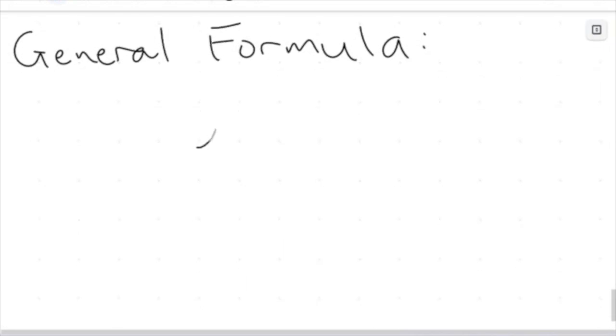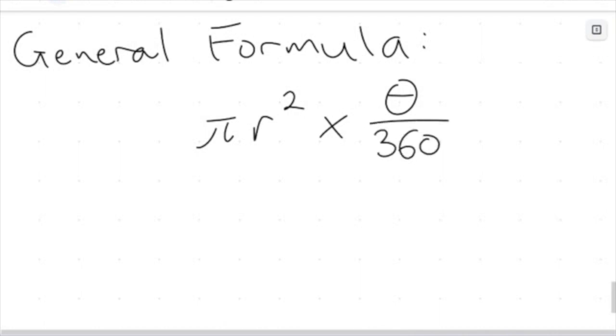So the general formula for finding the area of a sector is going to be pi r squared times whatever the angle of my sector is. I can think of this as theta over 360 degrees, the revolution of my circle.